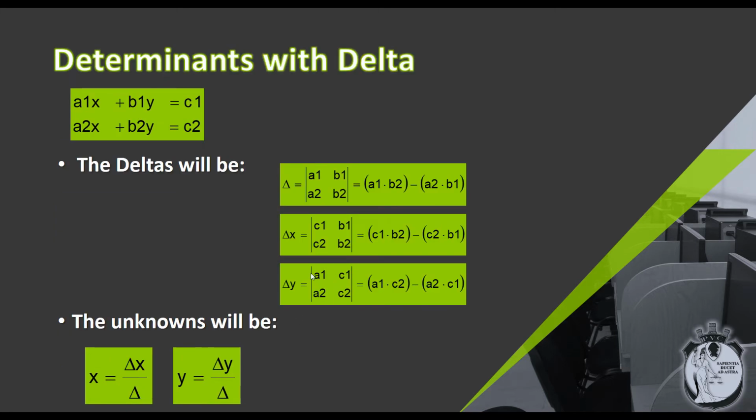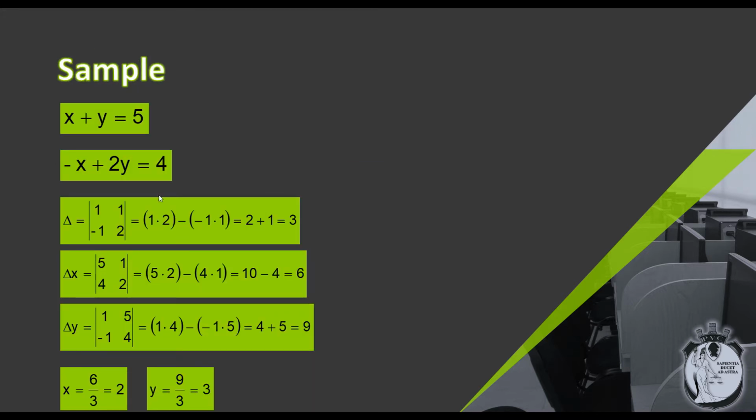And delta y uses A and C: this is 1 and 1, minus 1, 5 and 4.